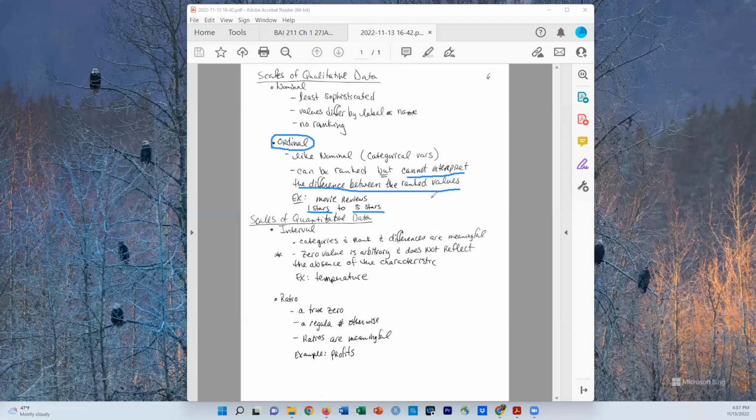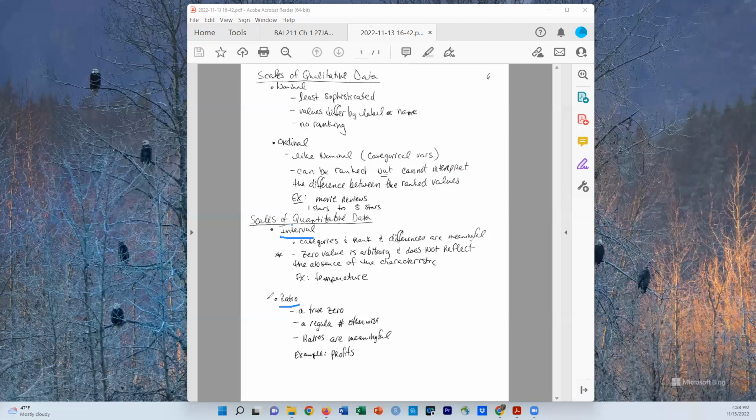The only way to refer to it is by talking about how many stars it got and understanding that 1 star is a lower quality movie than a 5-star movie. Okay, so those are the two types of subclasses, if you will, and really what we're talking about are the scales for qualitative data. And then for quantitative data, we have the interval scale and the ratio scale.